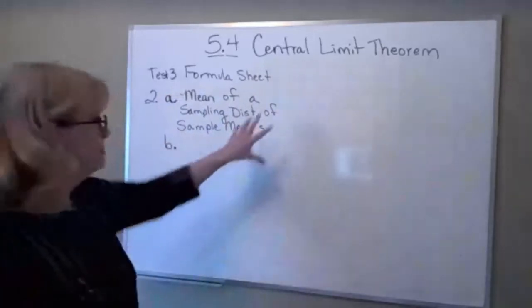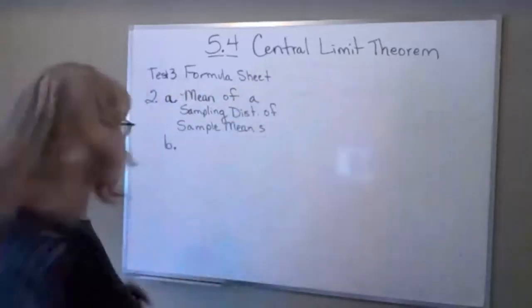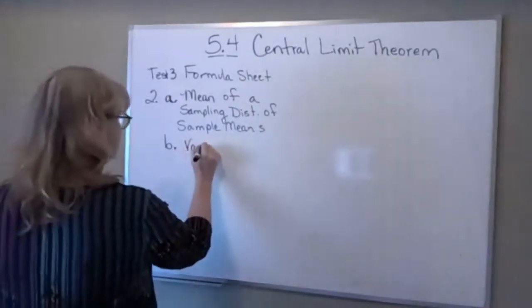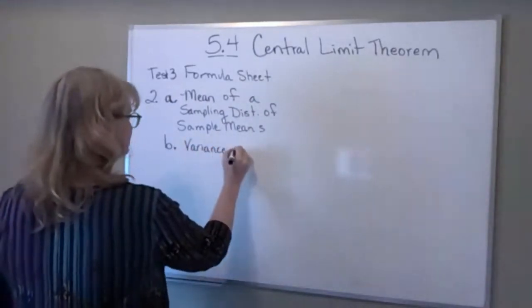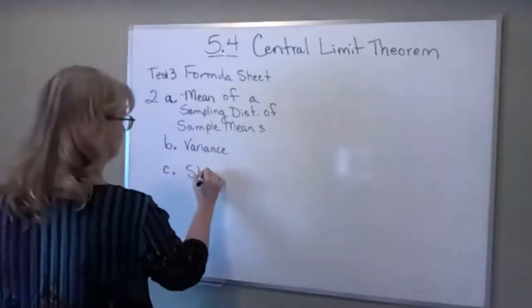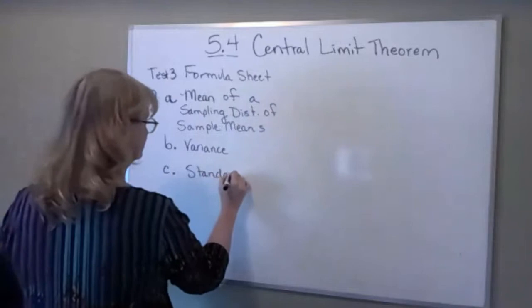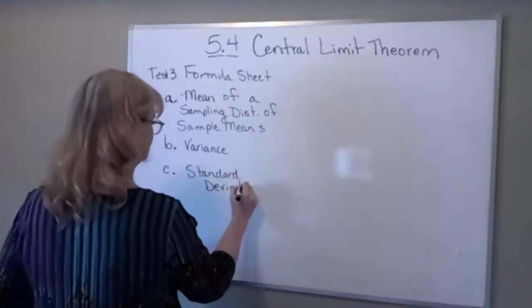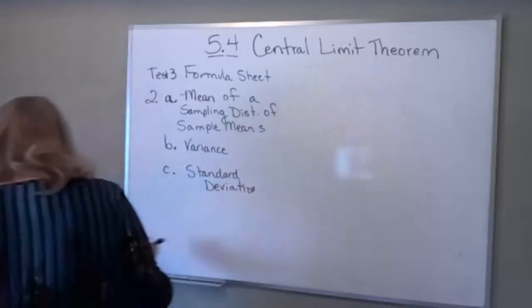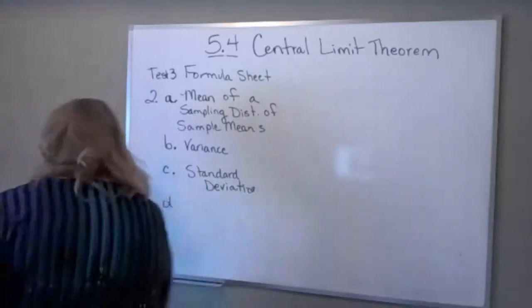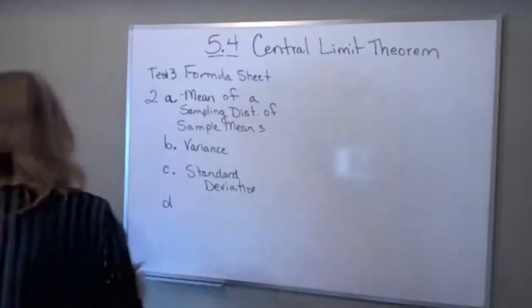And I'm going to write the formulas as we use them. The B part is the variance of this. The C part gives you the standard deviation. And the D part talks about the z-score. And I think that's it.